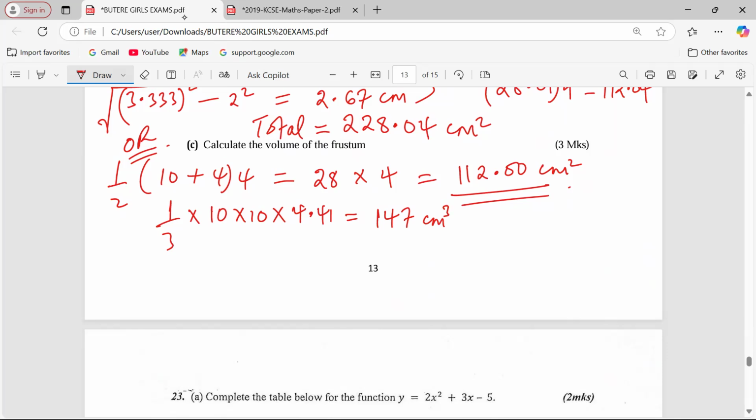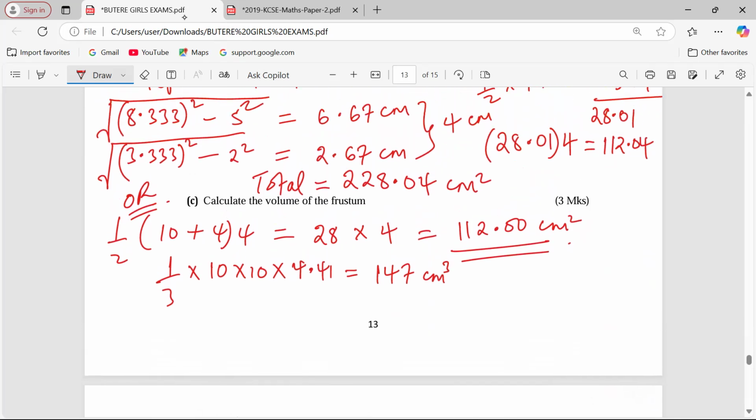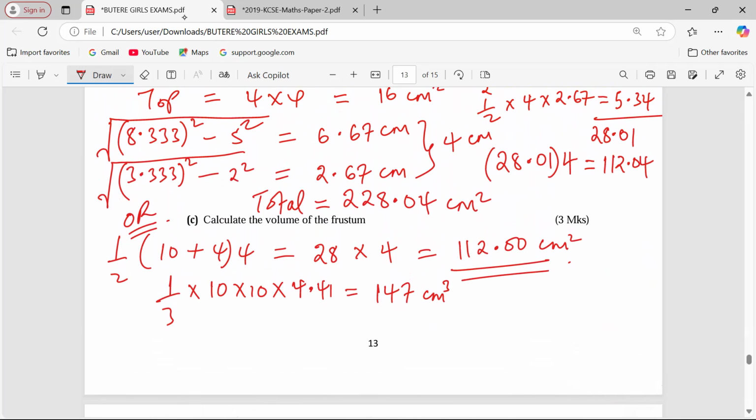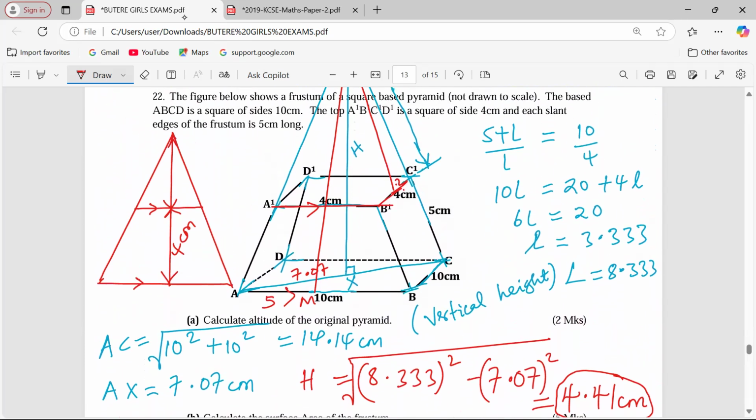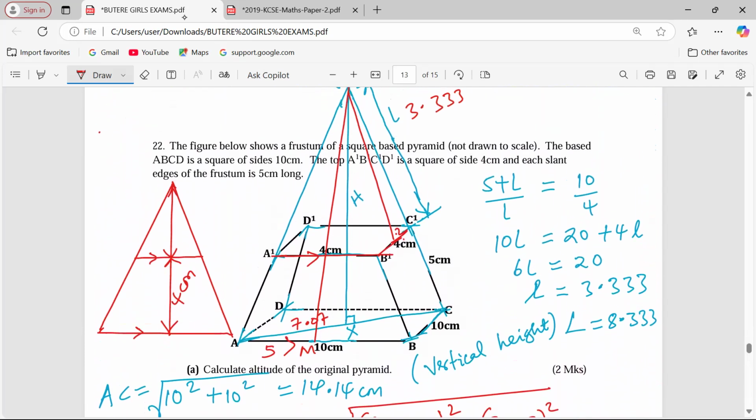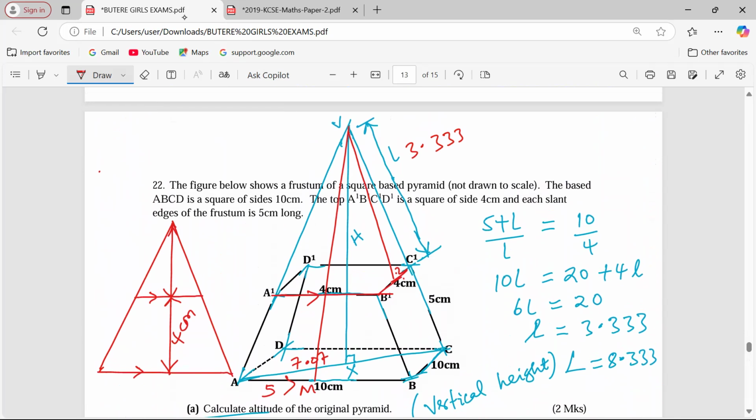Then the smaller one, which was cut, we can use several methods here. We can use similarities and enlargements, or we just get the vertical height for the smaller one. That one we had not calculated, so we can just find it. The vertical height of the smaller will pass through there.